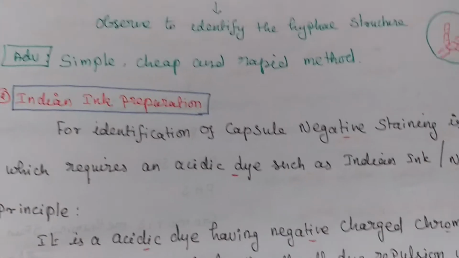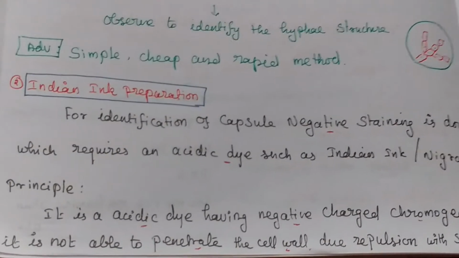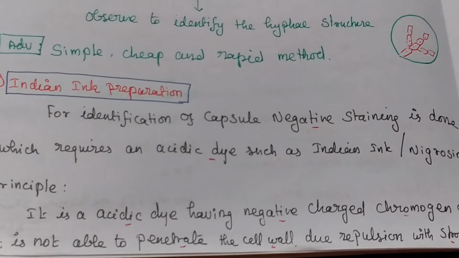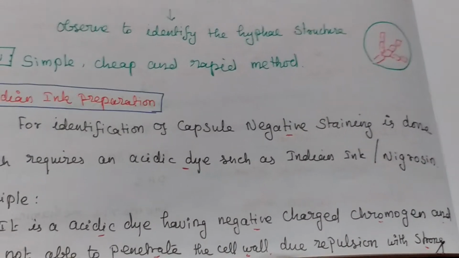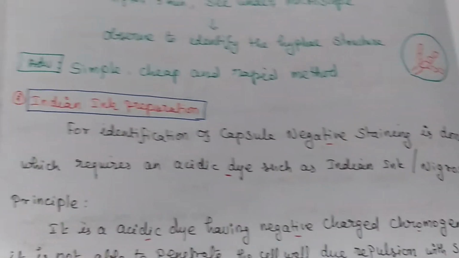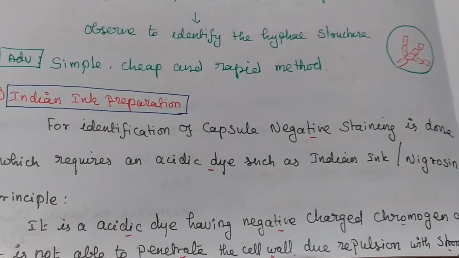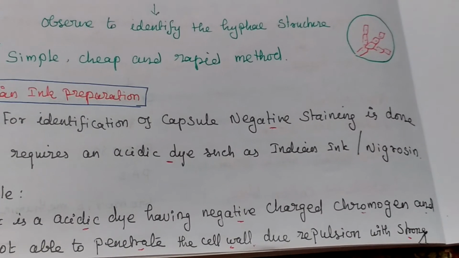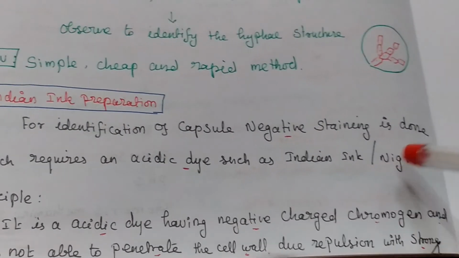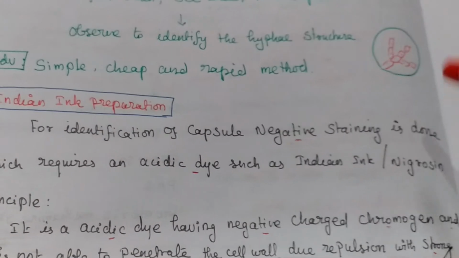Second one is Indian ink method. This one is mainly used for identification of capsules by negative staining. Negative staining is done with acidic dye such as Indian ink or nigrosin. Indian ink is the best example.